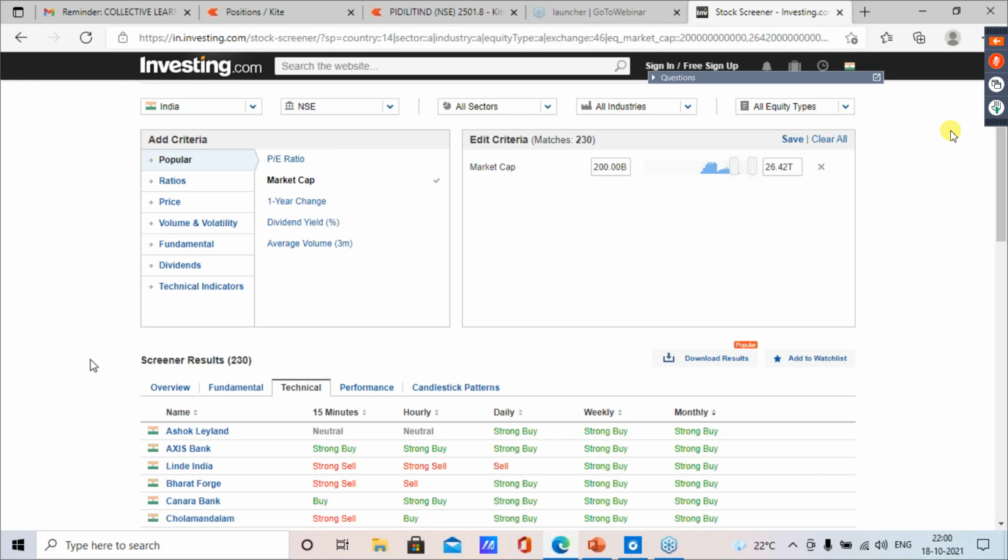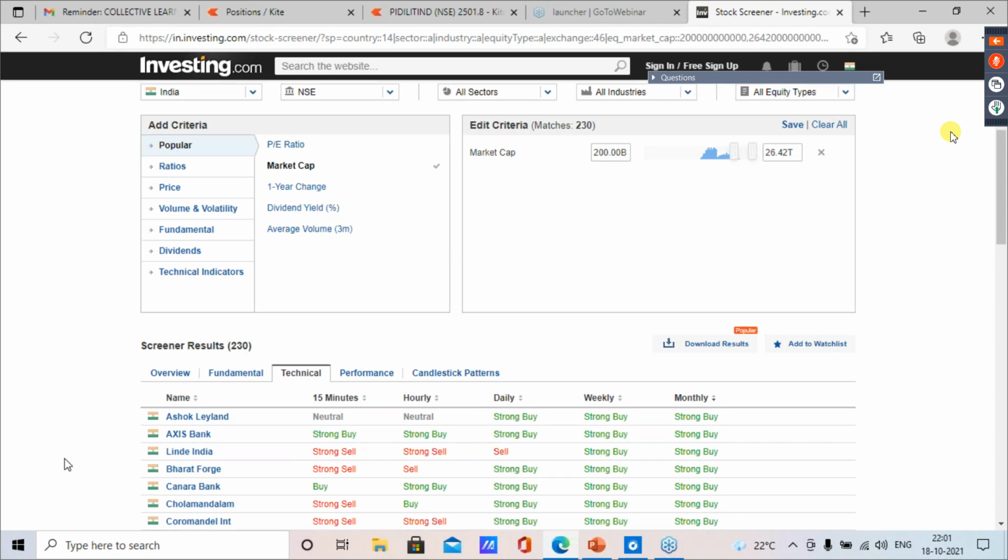Anybody can take the initiative and do this homework and shortlist 10 stocks for trading based on bullish hammer or inverted hammer, bullish engulfing in the daily time frame. Using that app, you can shortlist them. Or else you can use the technical screener and shortlist a minimum of 10 to 15 stocks for tomorrow's trading.